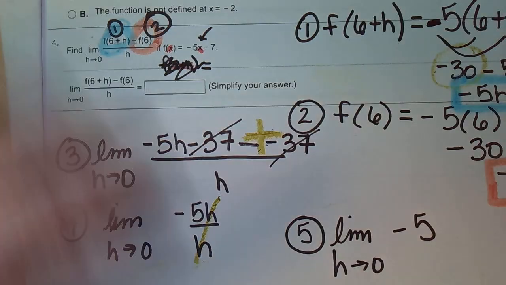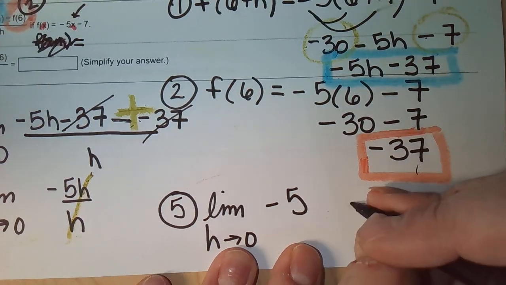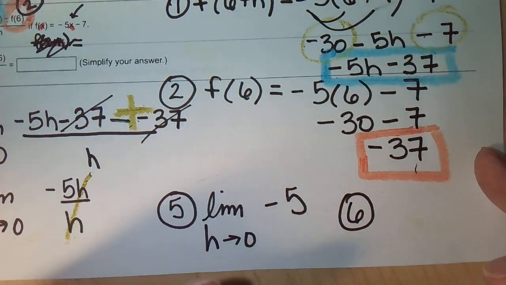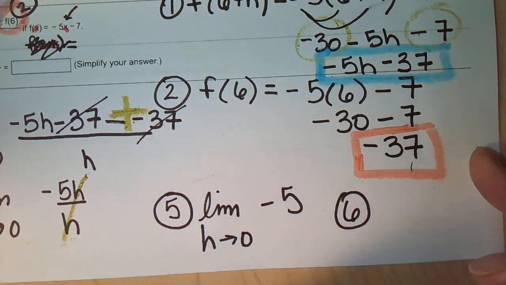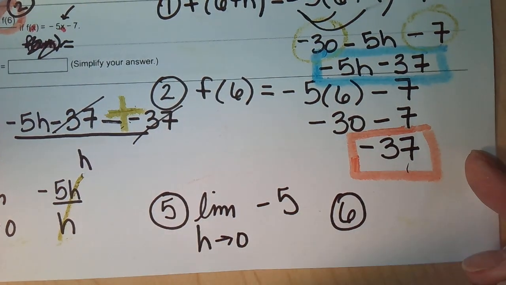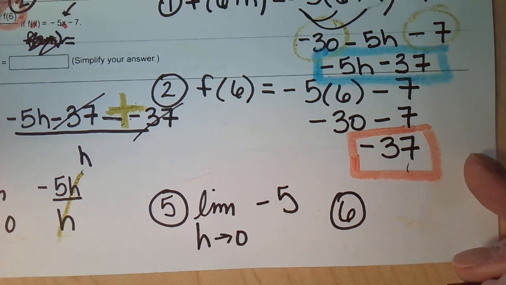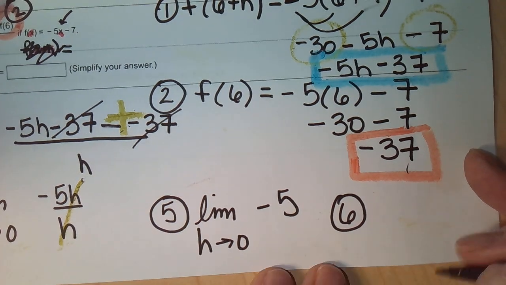My last step is to plug in the number 0 for the letter h, if we still have a letter h. We don't, because it got canceled.